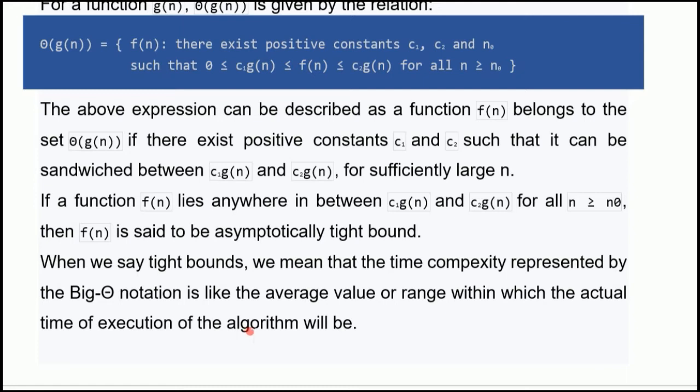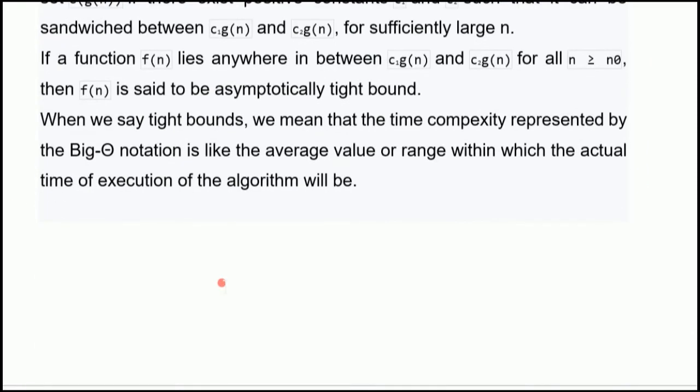When we say tight bounds, we mean that the time complexity represented by the big theta notation is like the average value or range within which the actual time of execution of the algorithm will be. So when we say tight bounds, it means it will take the average time complexity to execute or to represent the function. That's the concept of big theta notation.